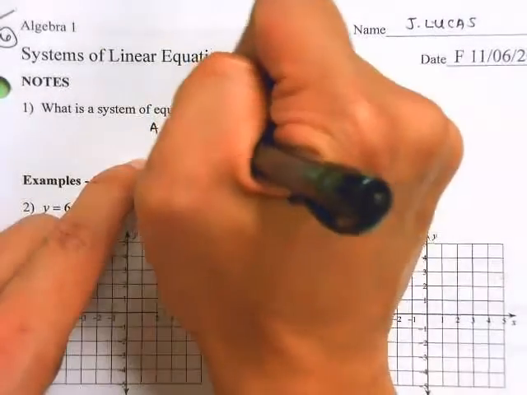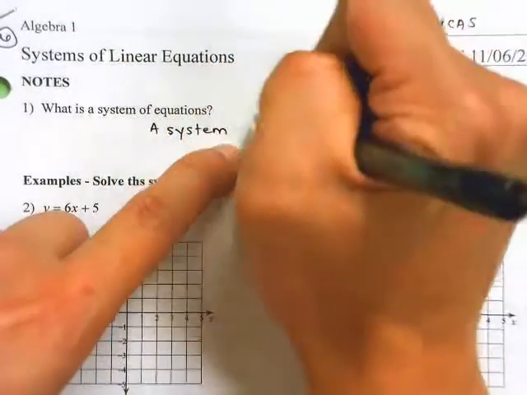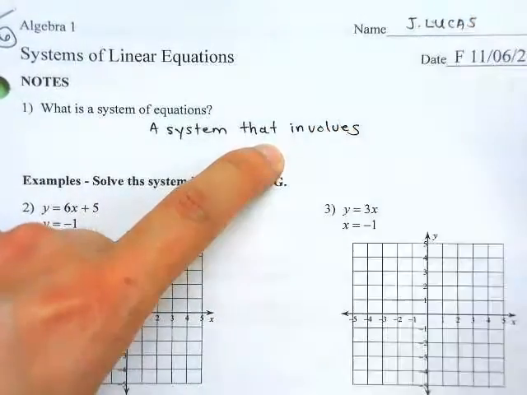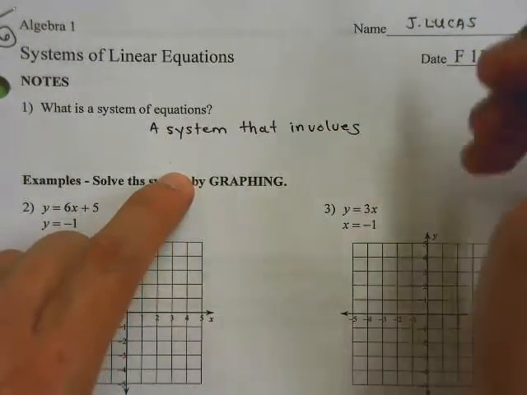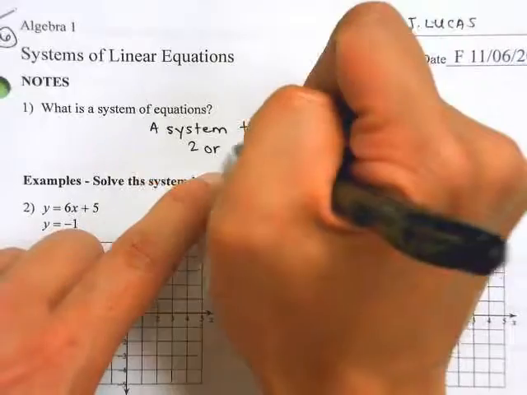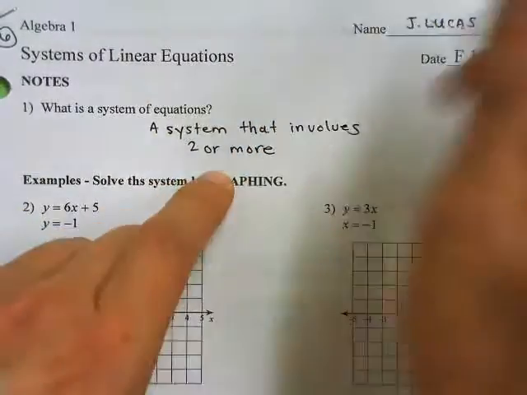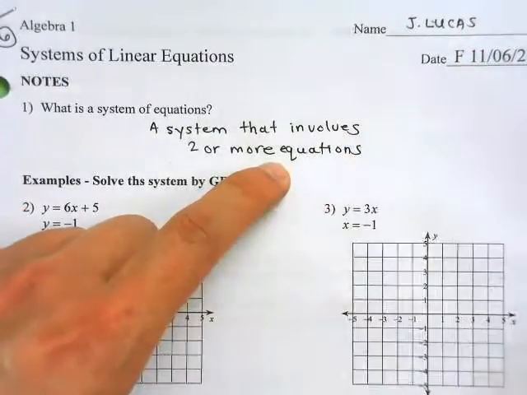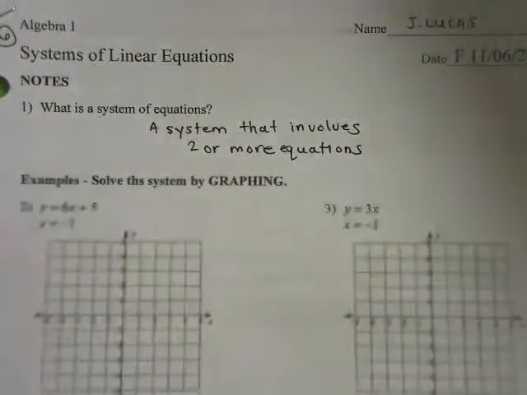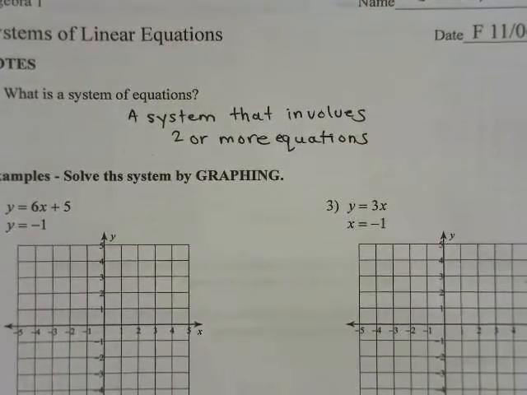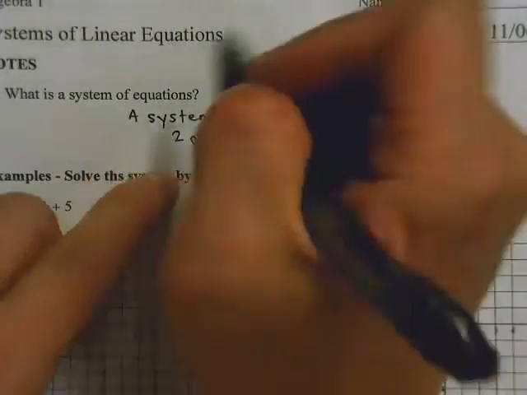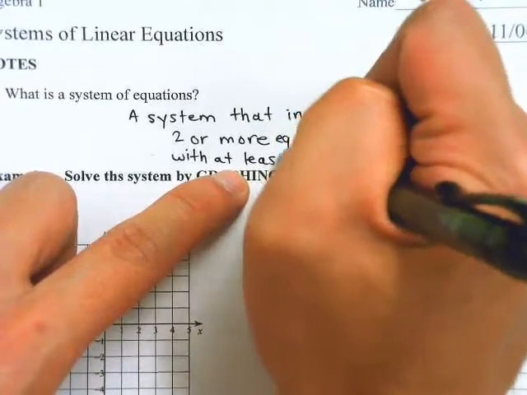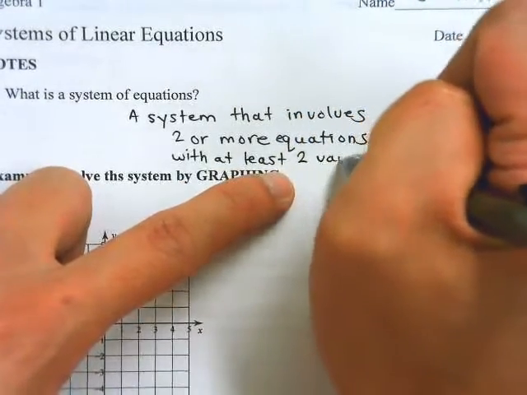It is a system that involves two or more equations with at least two variables.